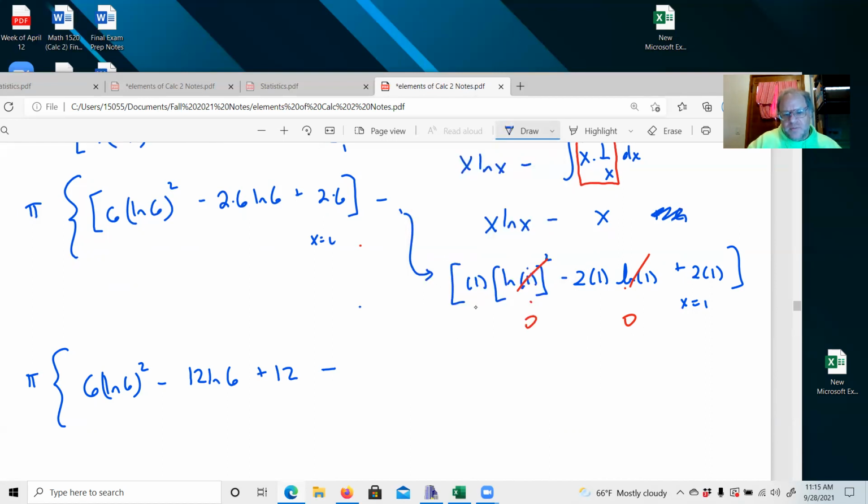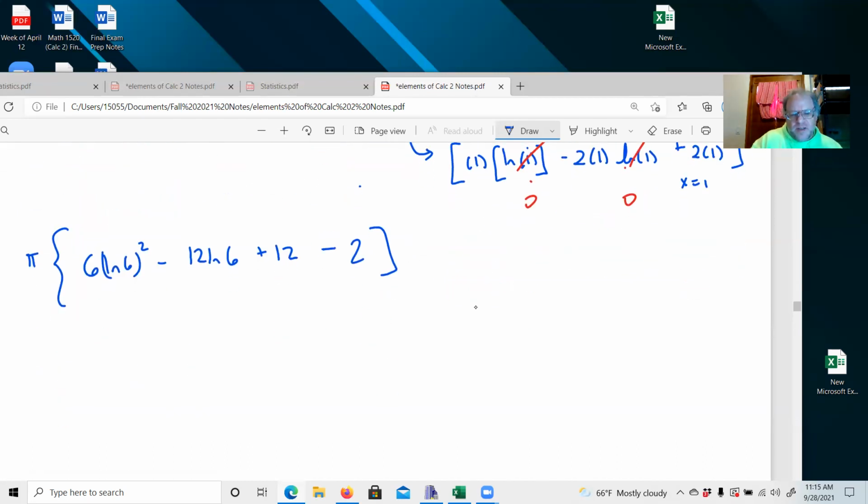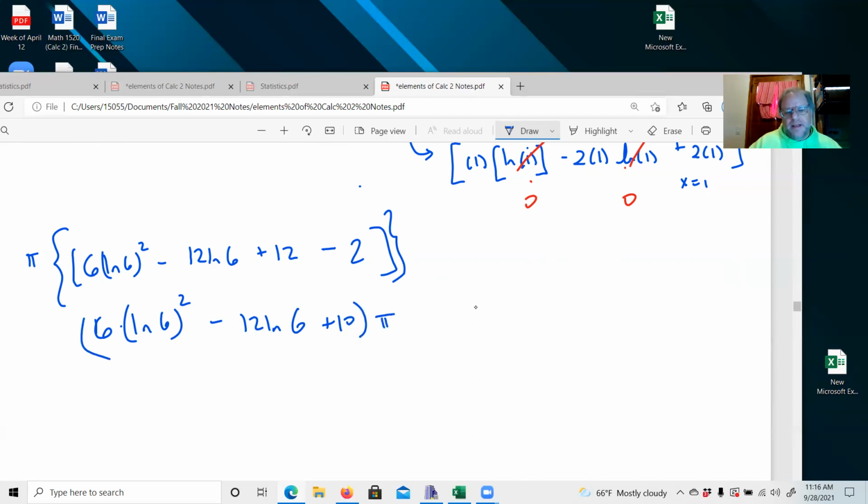Okay, so we have this minus here, 2. Right, so just to simplify it down, take it all together here, we have 6 ln of 6 squared minus 12 ln of 6 plus 10 pi. There's your answer.